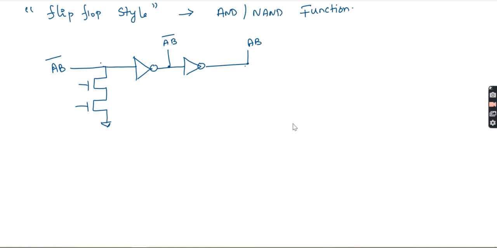This is the input. Okay, so let us draw in this way.